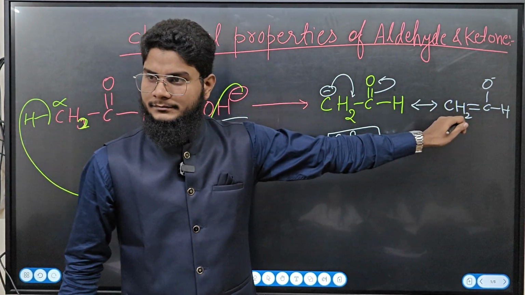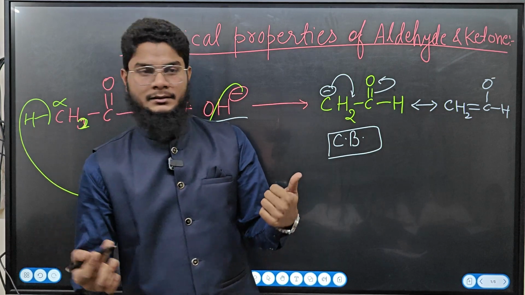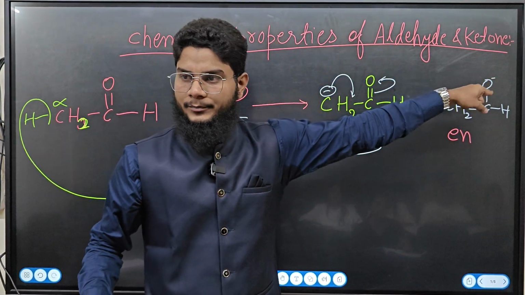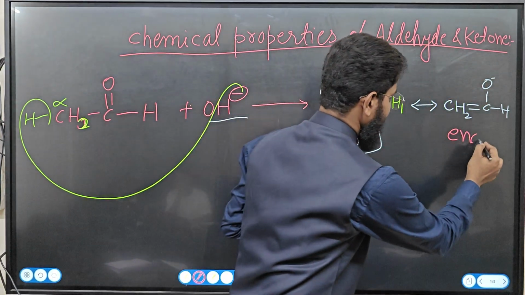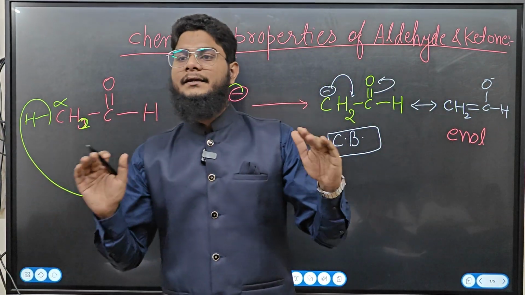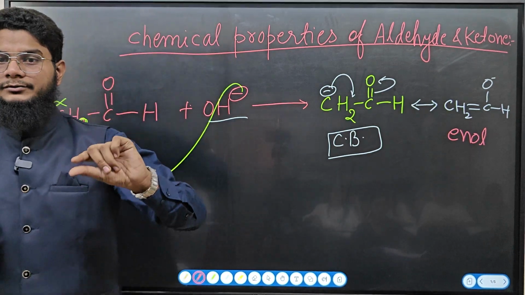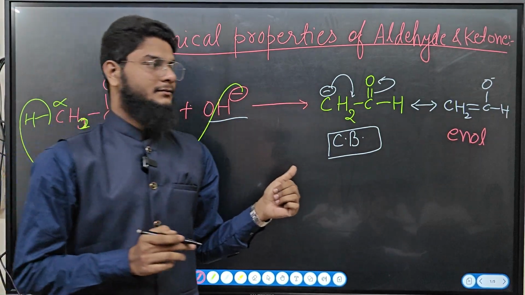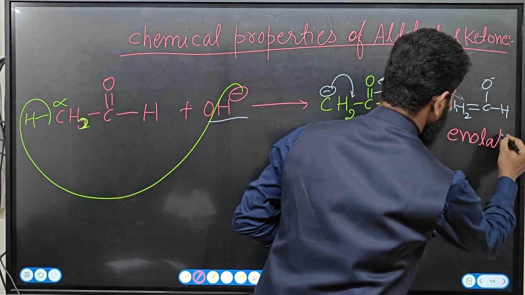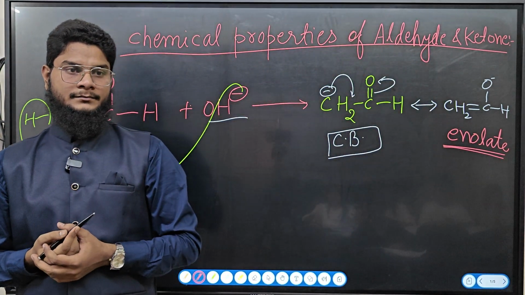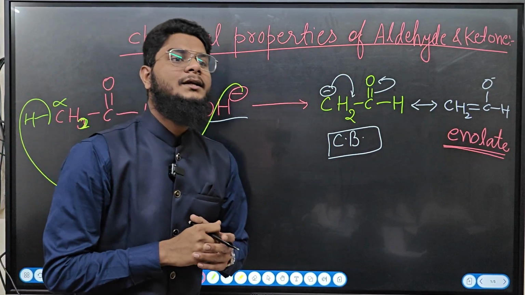There is a double bond, and double bond means alkene, so we call it ene, and it's an alcohol group, OH, so it's enol. Whenever we write a negative sign, we use the suffix ATE. So this molecule is known as enolate.